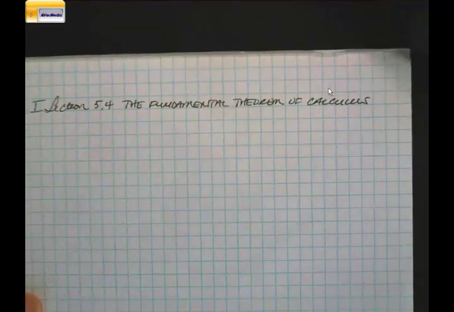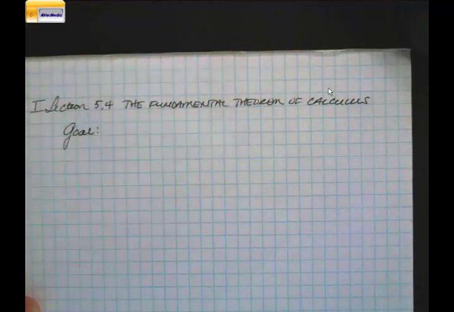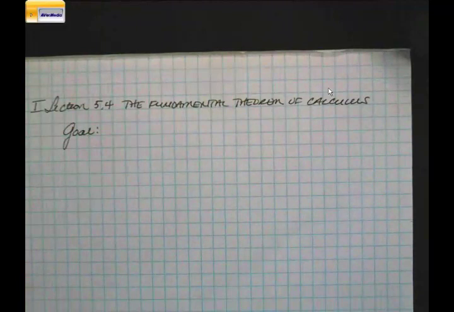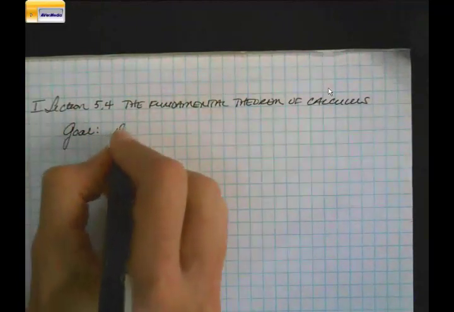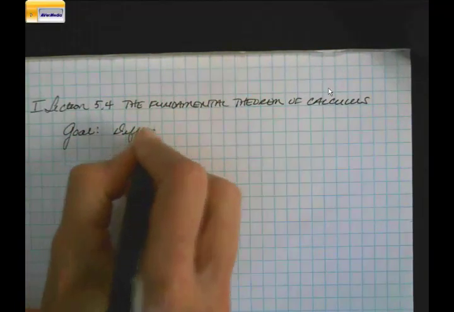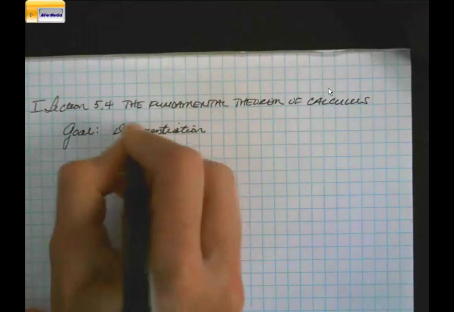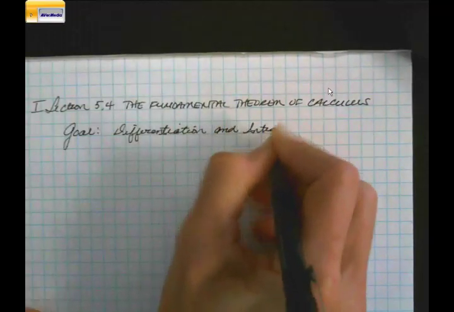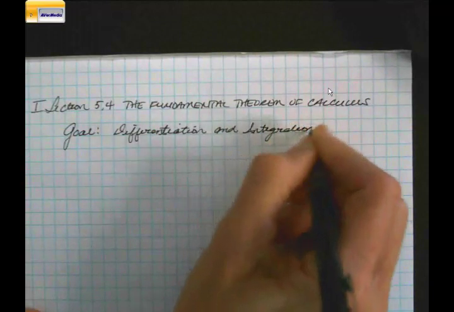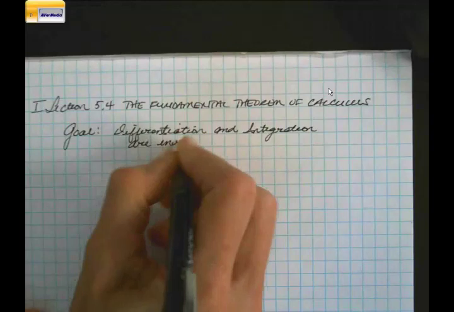And what the fundamental theorem of calculus is really going to do for us is teach us how differentiation and integration are inverses of one another. So what it does is it shows us the differentiation, that's a difficult word for me, differentiation and integration are inverses of one another.